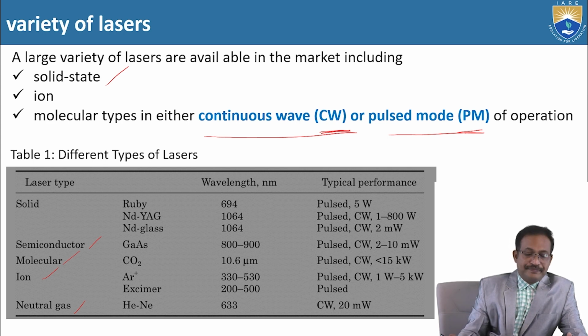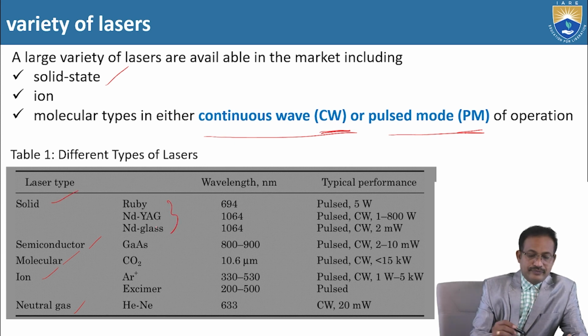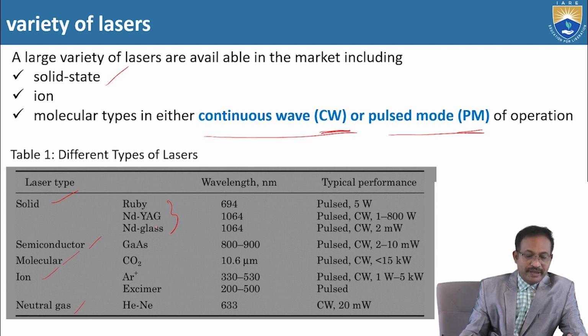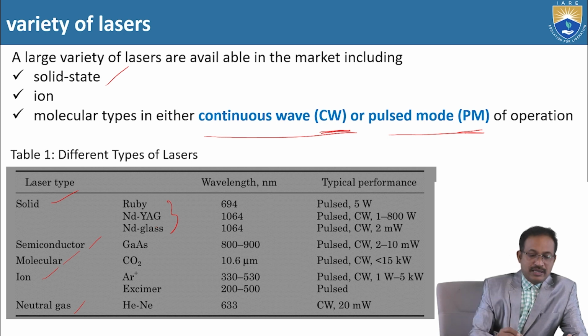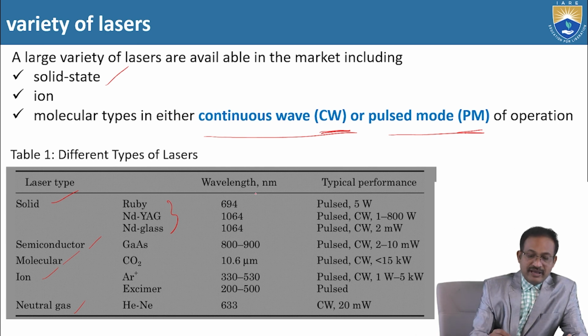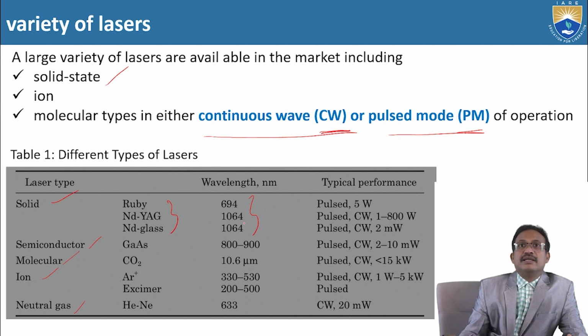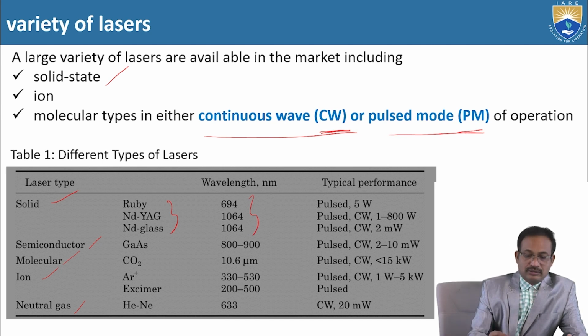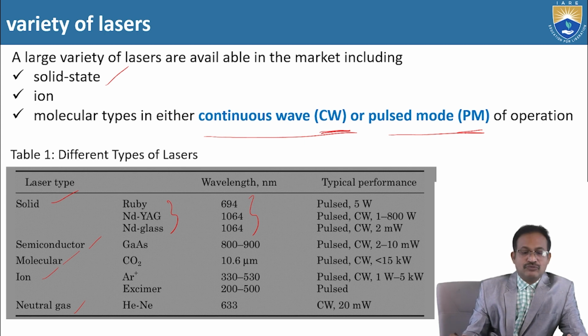Here in solid state we have three kinds: ruby, Nd-YAG, and Nd glass. The wavelengths in nanometers are given as 694, 1064, 1064 for these three materials.